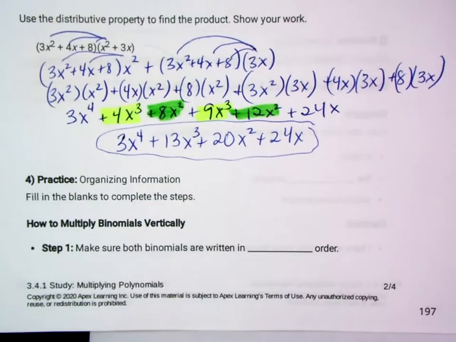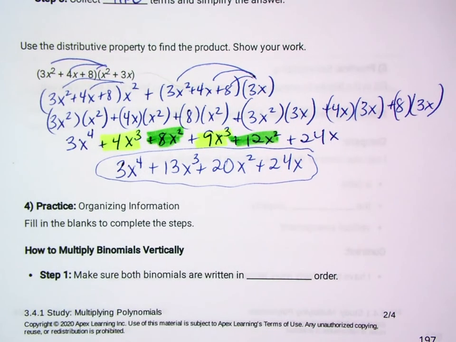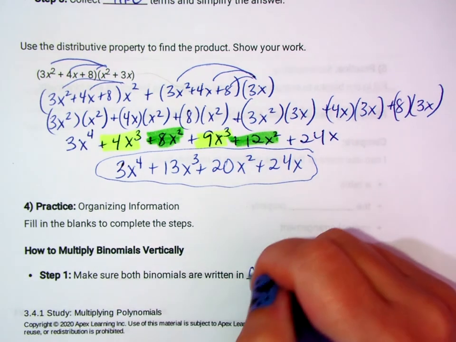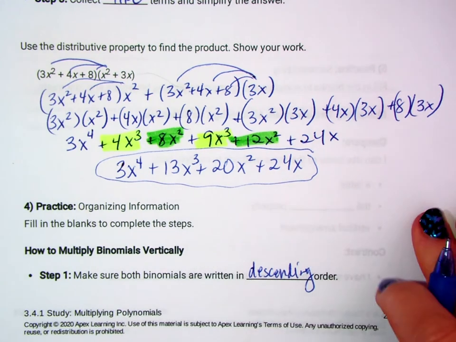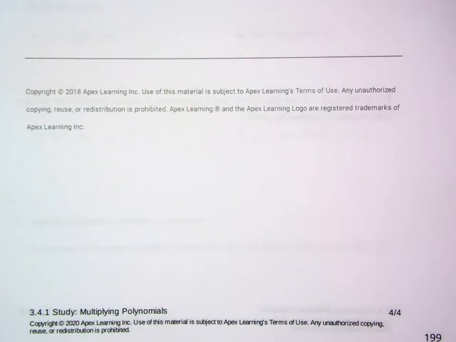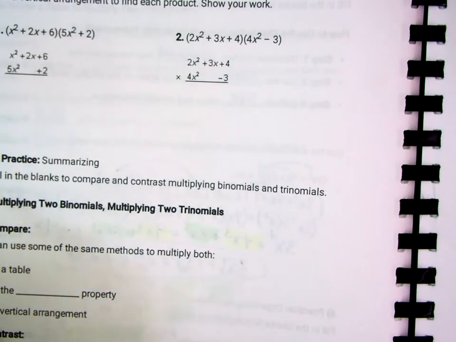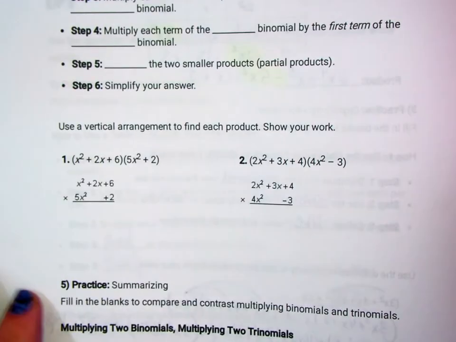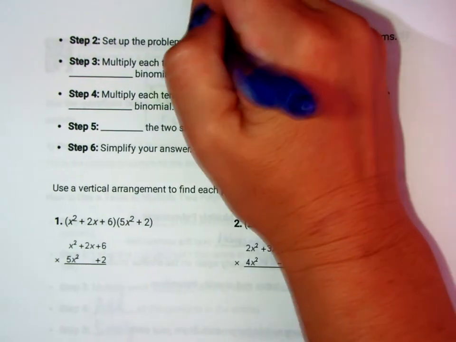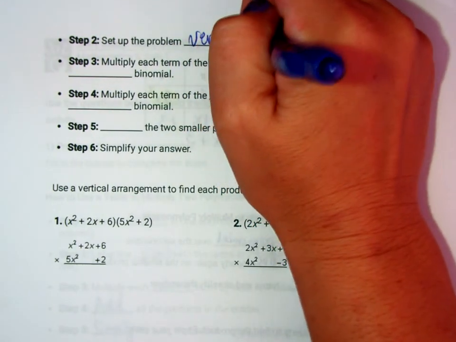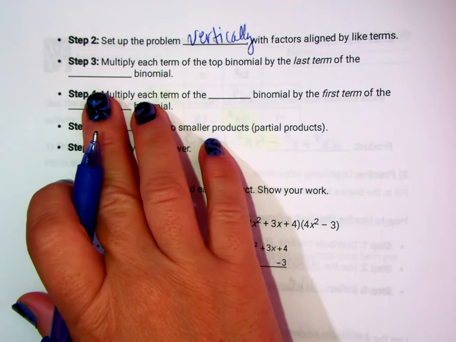All right, down here, let's fill in the blanks. We're looking at how to multiply binomials vertically. So step 1, make sure both binomials are written in descending order. They have to be in order before you get started on this method. Okay, and then set up the problem vertically with the factors aligned with like terms.